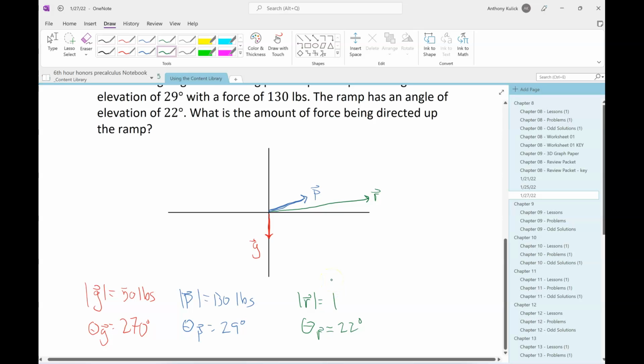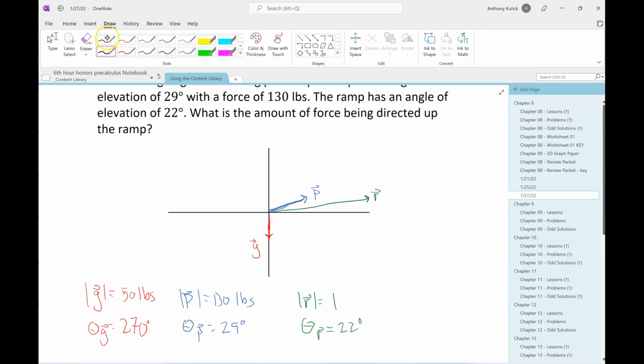Now, a couple of ways we could approach this since we have three vectors. We have two vectors that are acting on the crate: the gravity acting on the crate and the pulling acting on the crate. So what we could do is project both of those vectors separately onto my ramp.